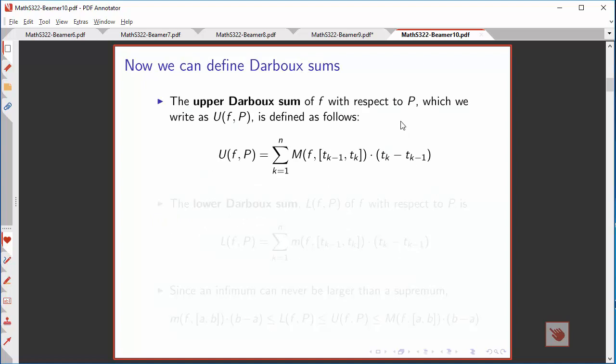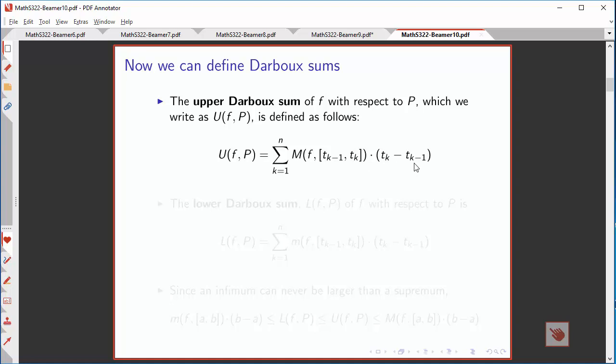Now I can define the upper Darboux sum of the function f with respect to the partition P. Here's how I'm going to do it. I'll start with the first subdivision, the subdivision that goes from t0 to t1. I'll take the length of that subdivision and multiply it by the supremum of f on that subdivision.